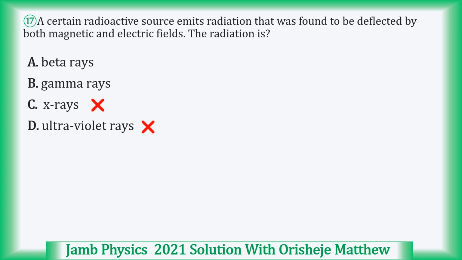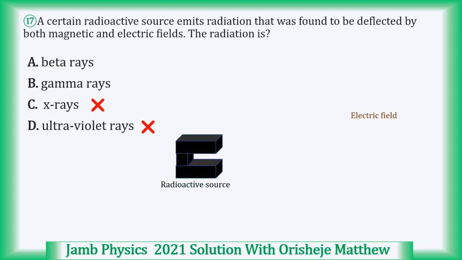So what we are left with now is beta and gamma. First of all, let's do a little review about radioactive material. You have a radioactive source, and the radioactive source emits alpha particles, and then you have the electric field on the right with different plates. If you look at the plates, we have the positive terminal and the negative terminal.